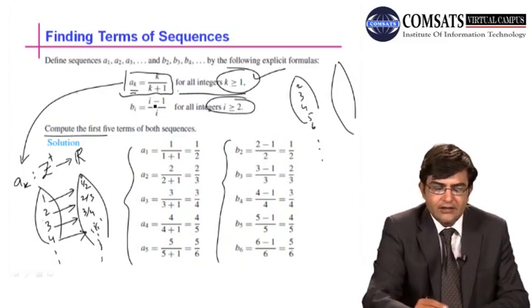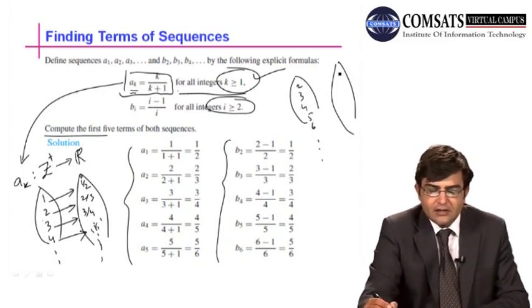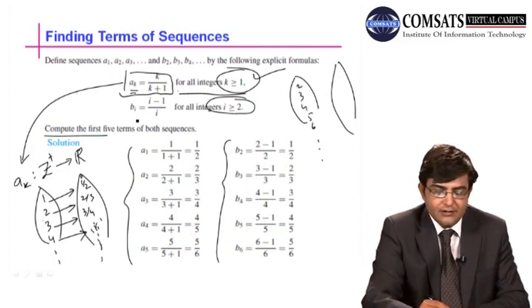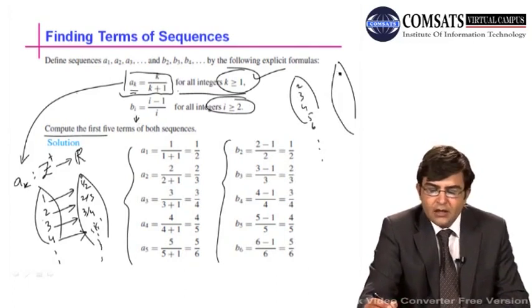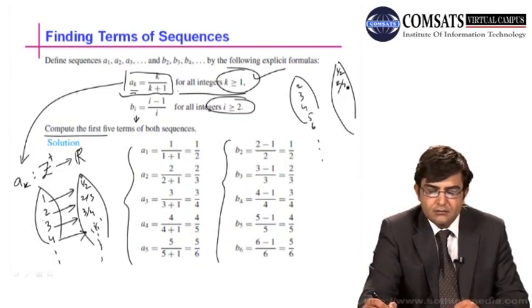If we put 2 in this i, we get the first term, b_2, which is 1 by 2, because 2 minus 1 is 1. Then we get 2 by 3 and so on.